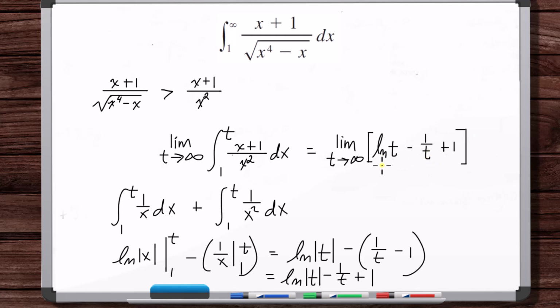So all this goes to 1, but then this goes to infinity, so this is equal to infinity. Now, since this is always less than this from 1 to infinity, and this diverges, that means this must diverge. So this is going to diverge.